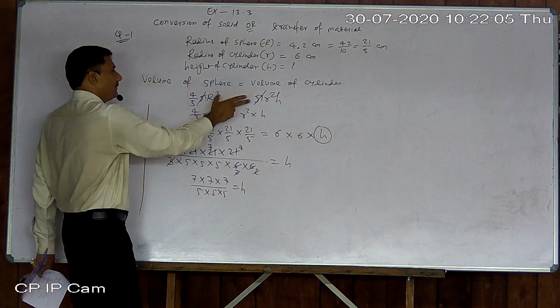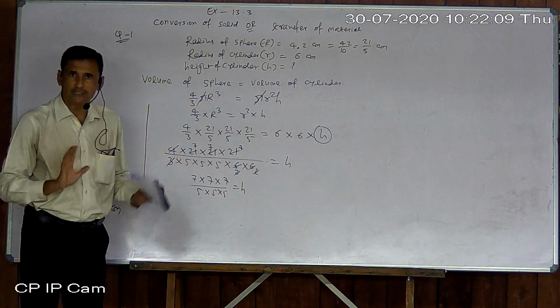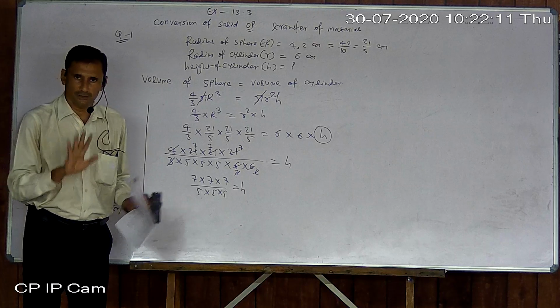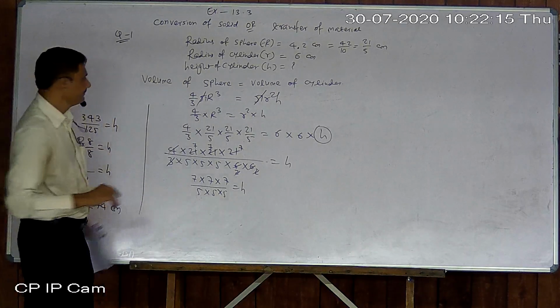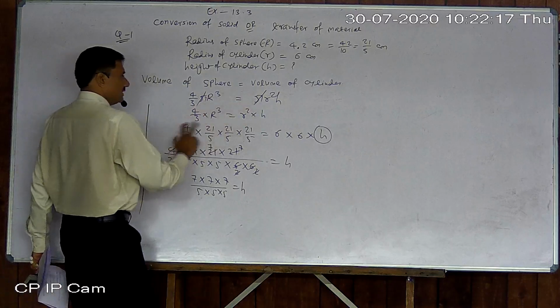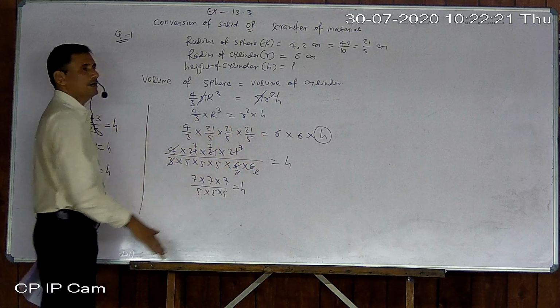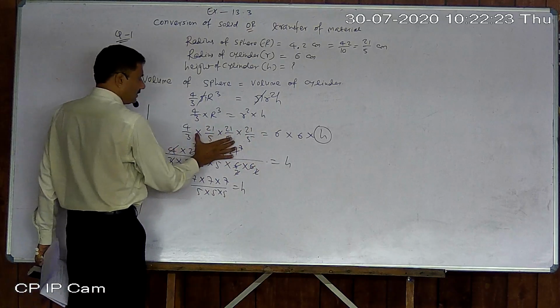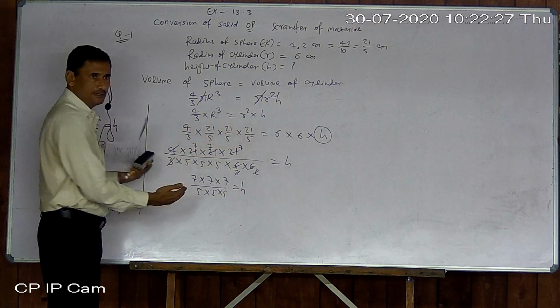Okay. Now after comparison, mostly pi will be cancelled out if pi is there. Otherwise, if a cuboid or cube is there, no pi will be there. Cancellation is possible there. But mostly pi should be cancelled. Whatever is left, just write down once, then write down all values. But don't make the numbers bigger by multiplying.